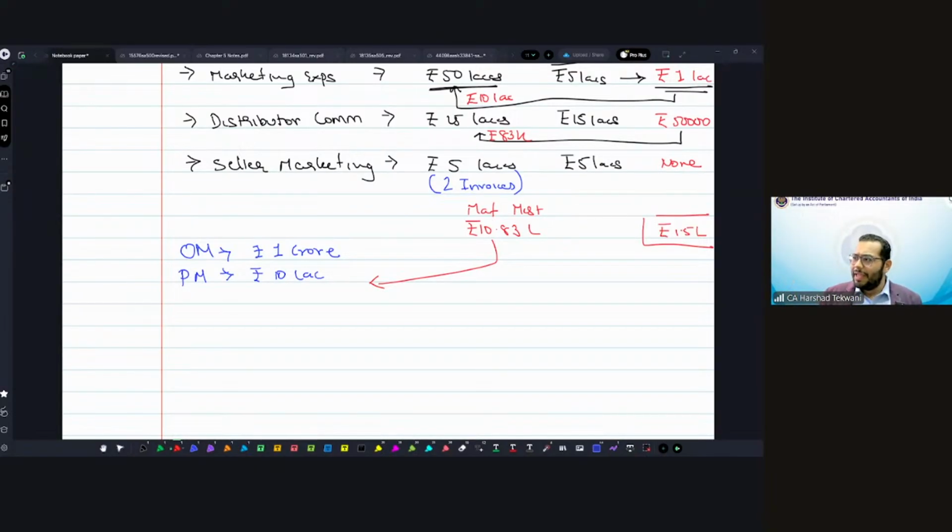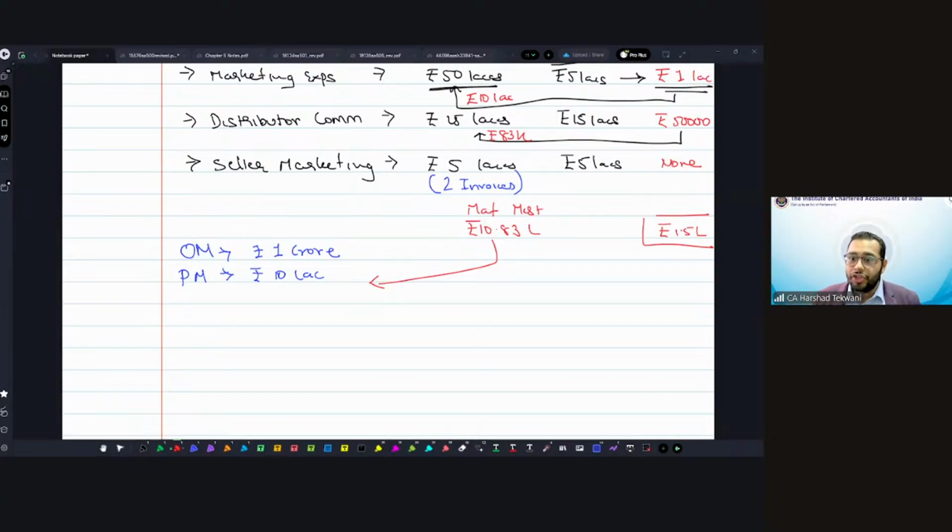So if you see sampling formulas in mathematics or in statistics, there's a term called margin of error. The similar term for the margin of error is a tolerable misstatement in the audit. So while calculating a particular sample size, I need to figure out what is the margin of error for me. Then only I can get the proper amount of sample. Okay, so that's where the margin of error comes.